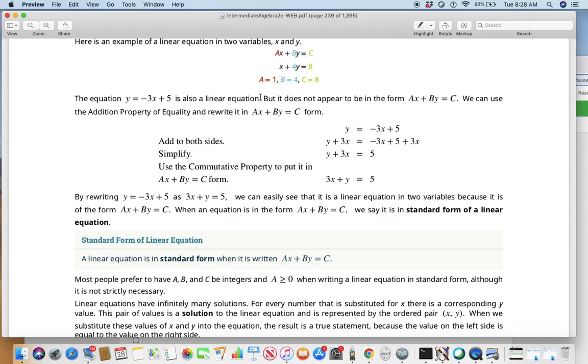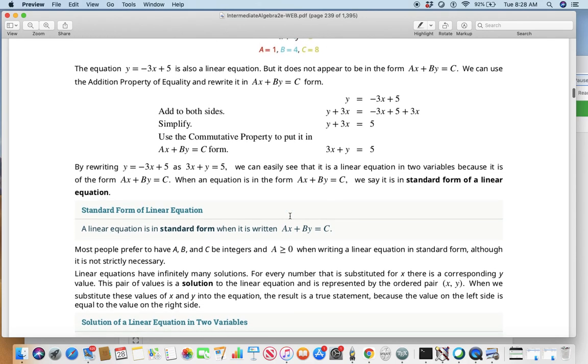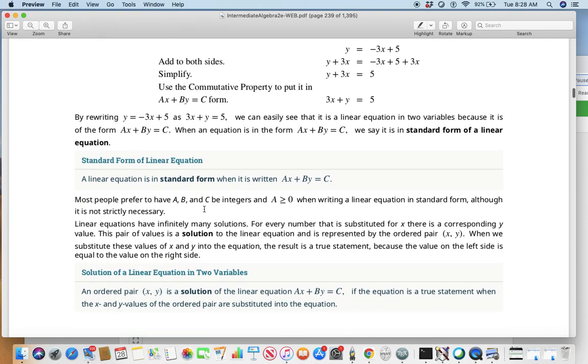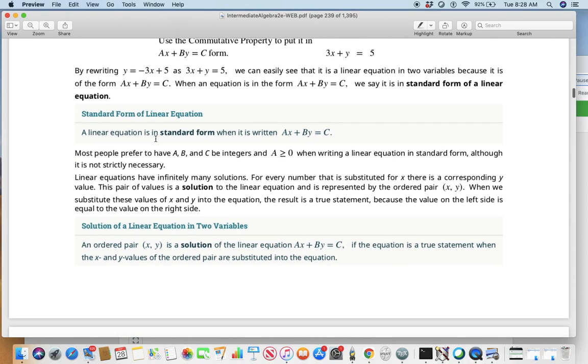That's ax plus by. So this is called standard form. Ax plus by equals c is called the standard form of a linear equation. A linear equation is in standard form when it is written ax plus by equals c.